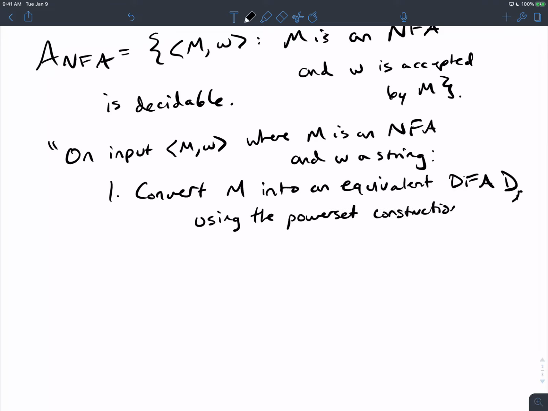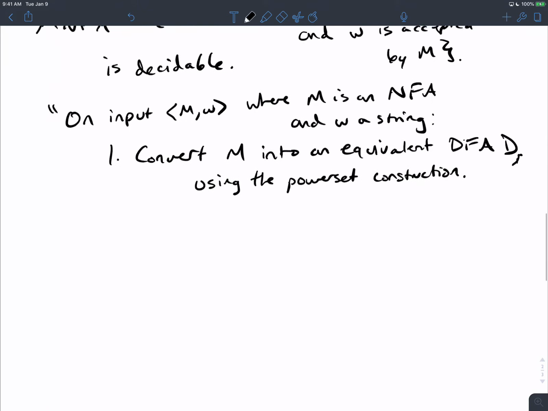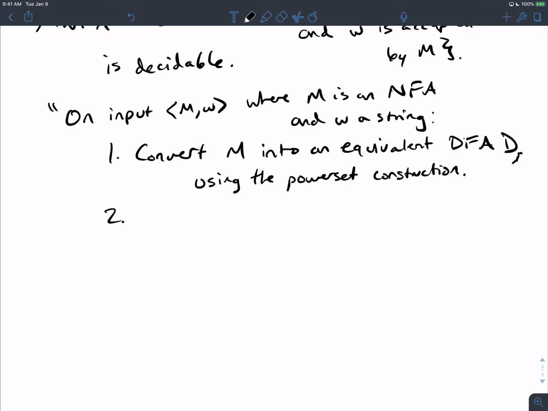You don't explicitly have to put that, but it's a good habit to get into of understanding what conversion you're actually using here. I don't know why it's not called power set conversion, because it really is just a conversion. Anyway. Okay, so we have an equivalent DFA for the same language as the NFA that we're given.